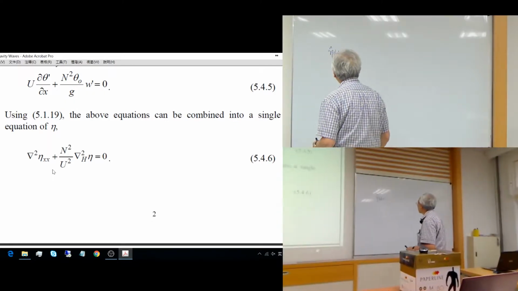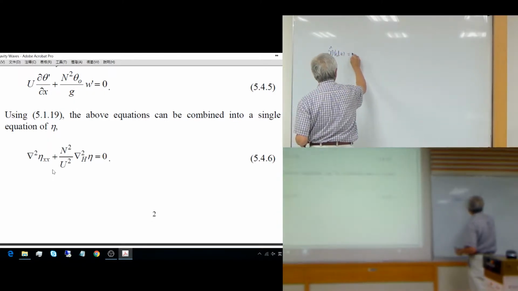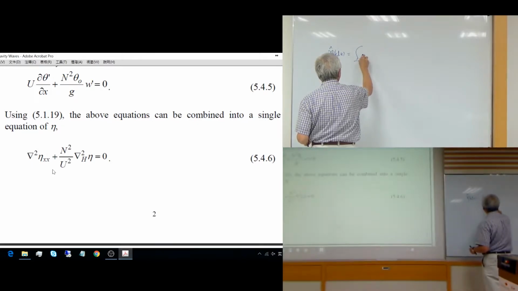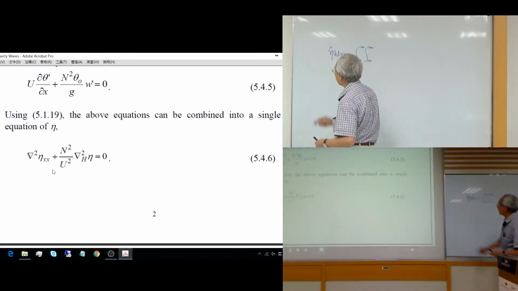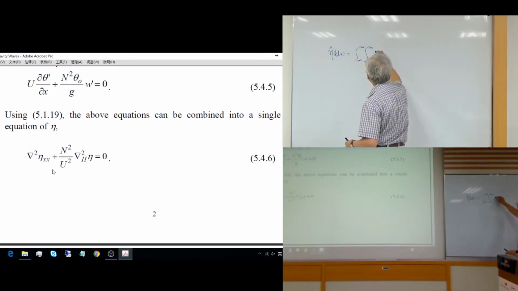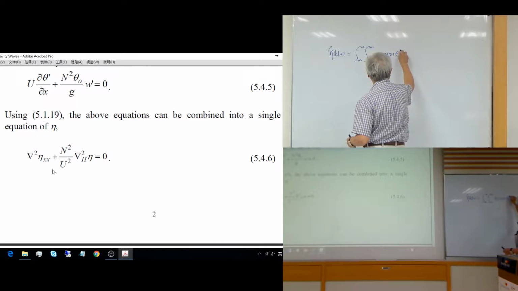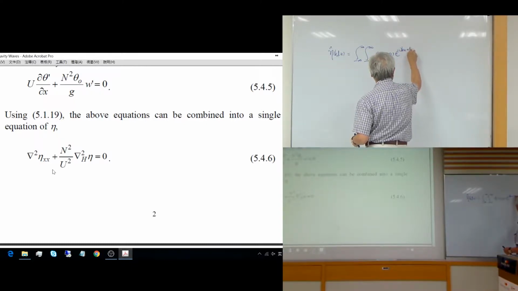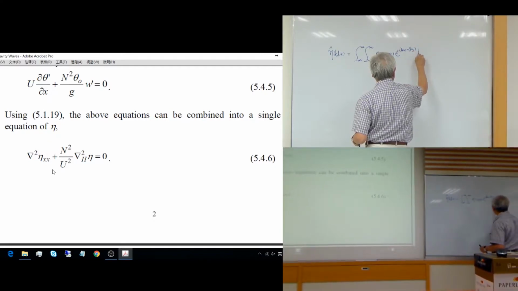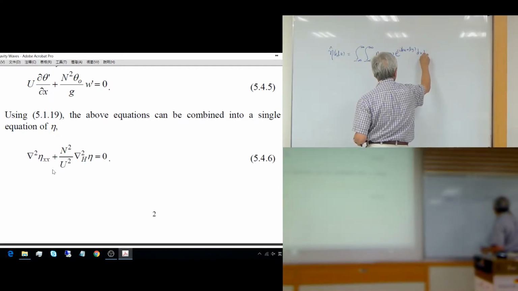So that is equal to the integral from negative infinity to positive infinity, and then we have eta of x, y, g, and e to the minus i (kx plus ly), and then dx dy.